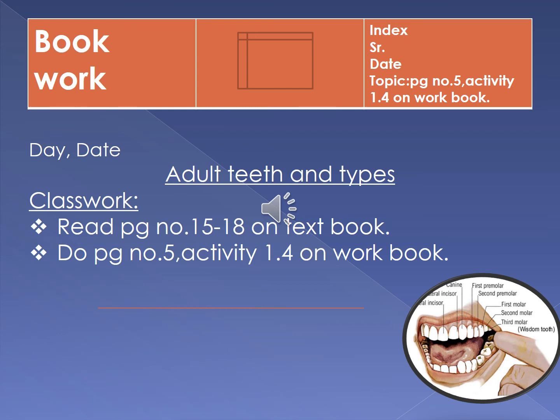Don't forget to write the date and day at the top of the page of your book and write down the index on your copies. In the index, you will mention all the things: serial number, date and topic.